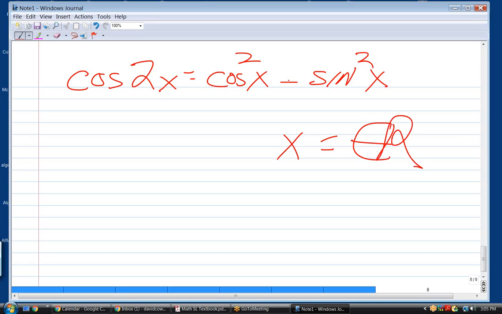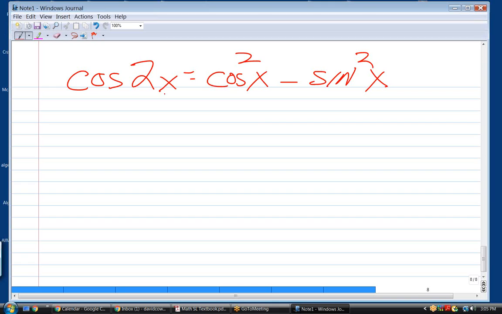Because this is the basic identity, right? In other words, that's the first one. Cosine of 2x is equal to cosine squared minus sine squared. This thing is true regardless of x, and what that means is it's true for all x.